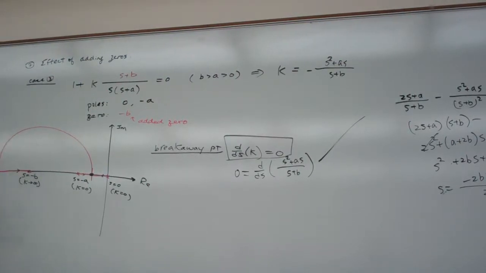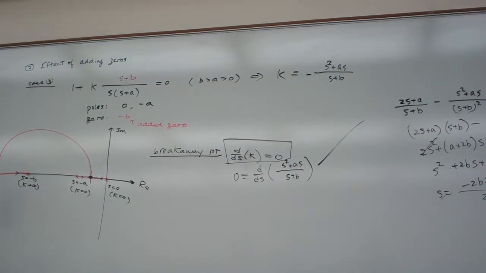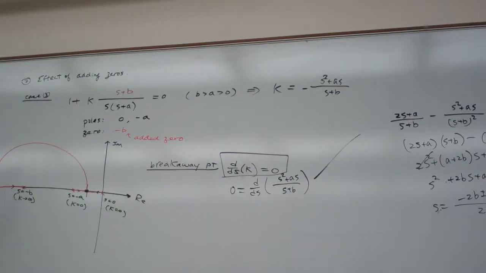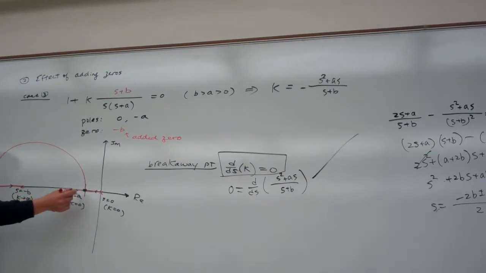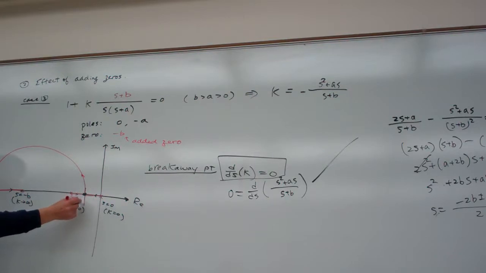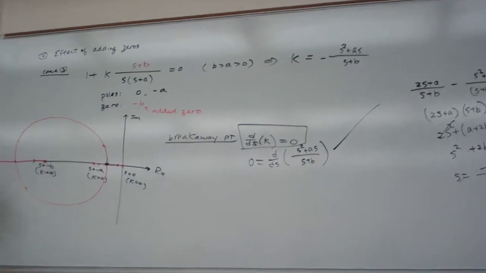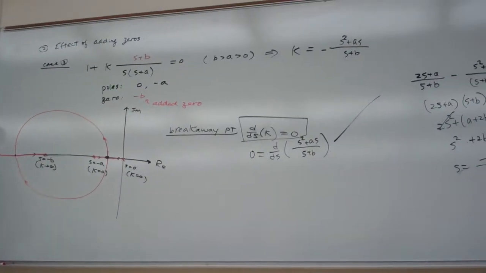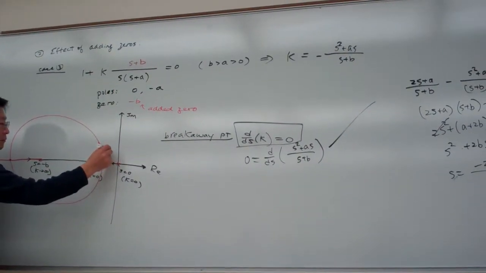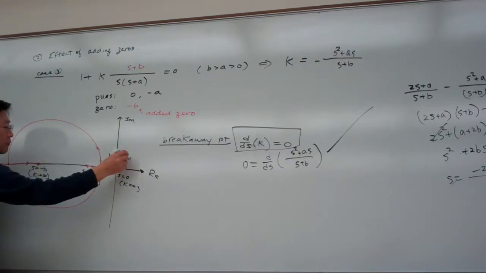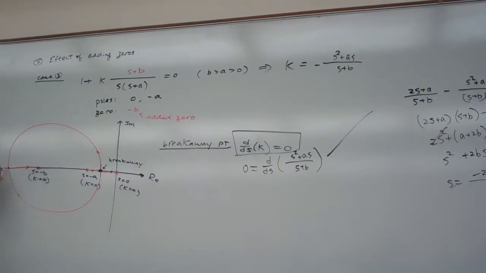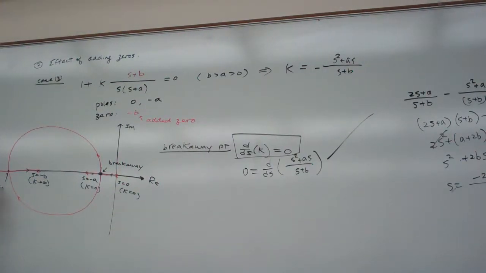go to here, and for this lower order system, we are pretty sure it will be a simple curve, okay? And this one goes to here, and that one goes to here. So this is breakaway. And this point is break in.